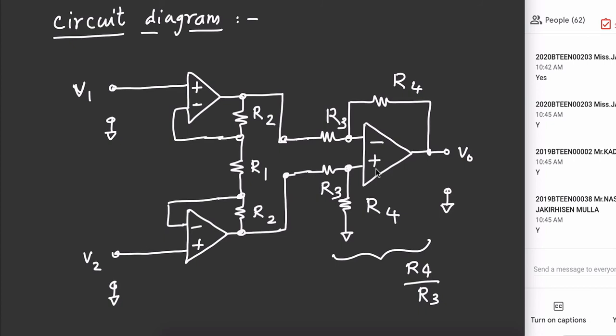So please draw the circuit diagram if you want. So this is the circuit diagram of an instrumentation amplifier. Instrumentation amplifiers are widely used in various signal processing hardware. They are also available in the form of integrated circuits.